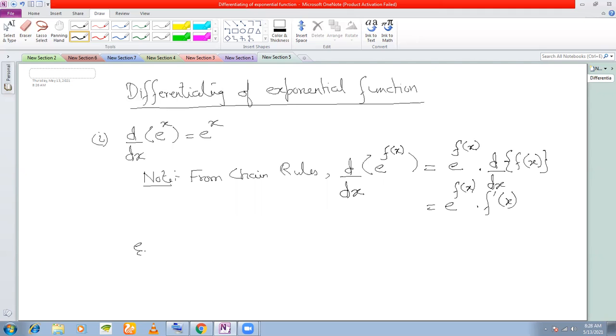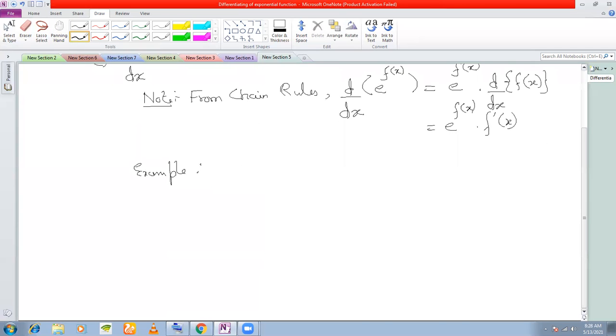Let's take a very easy example. Let us take e to the power of cos x. Suppose I want to find out d/dx of e to the power of cos x. So how will I find this out?